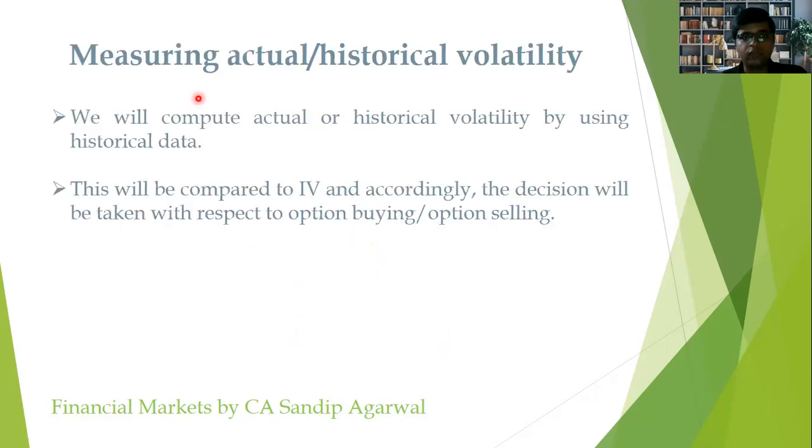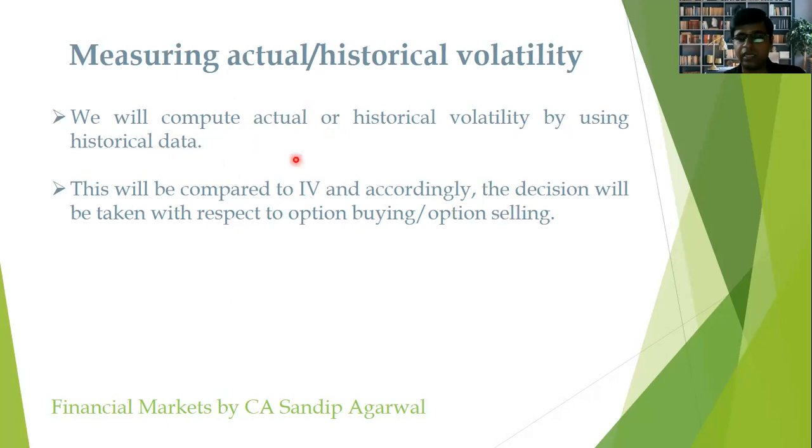In case we want to define what is actual or historical volatility and how it is computed, we will compute the actual and historical volatility by using the historical data. Once we arrive at the actual or historical volatility, we will compare it with the IV or VIX, and accordingly we will take the decision whether the current situation is suitable for option buying or option selling.